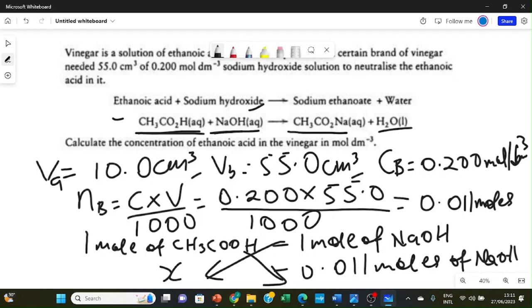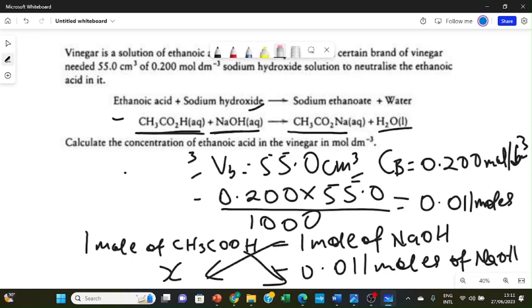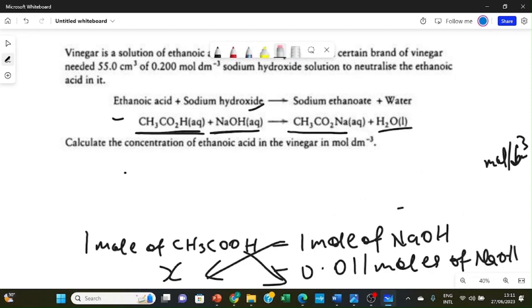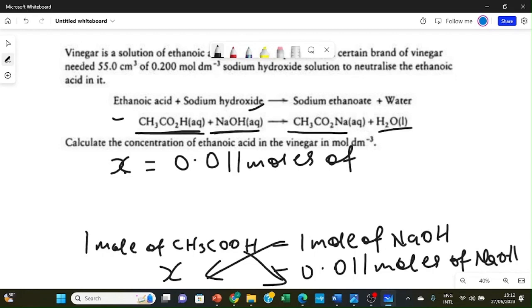When you cross multiply, I have to erase the top so I'll have space to solve. So X, which is the number of moles of the acid, will be equal to 0.011 moles of ethanoic acid, CH3COOH. So the number of moles of ethanoic acid is equal to 0.011 moles.